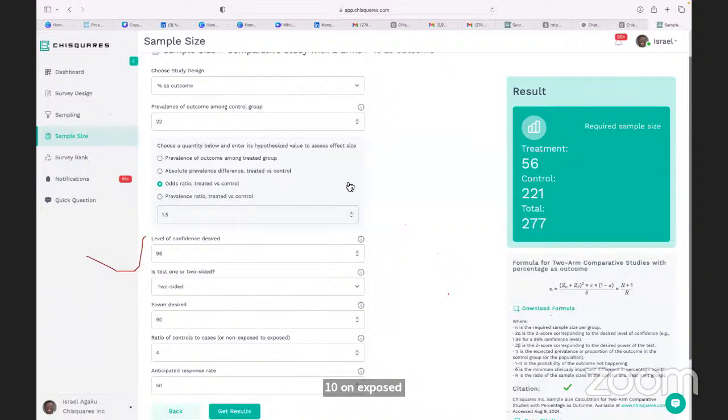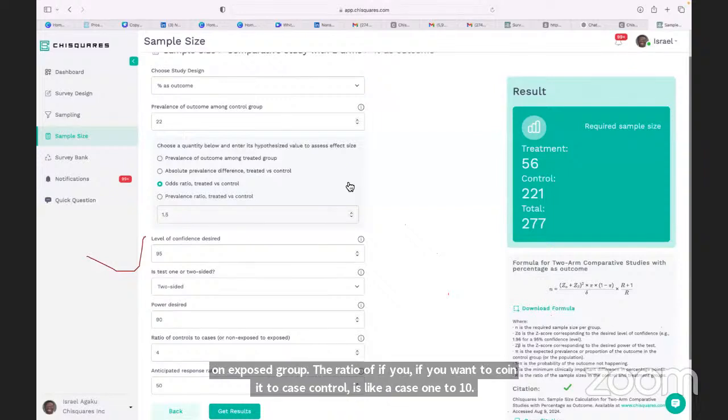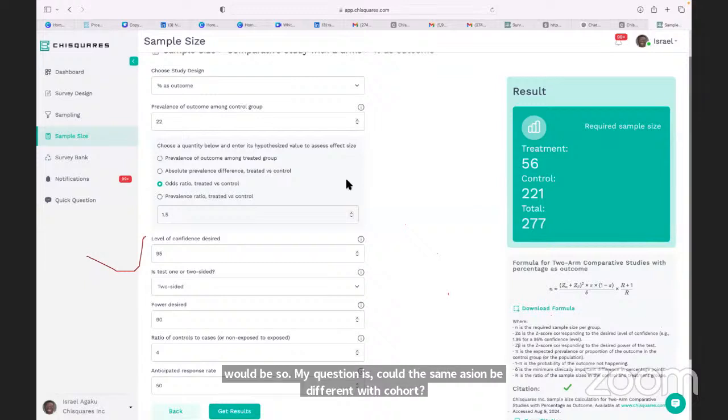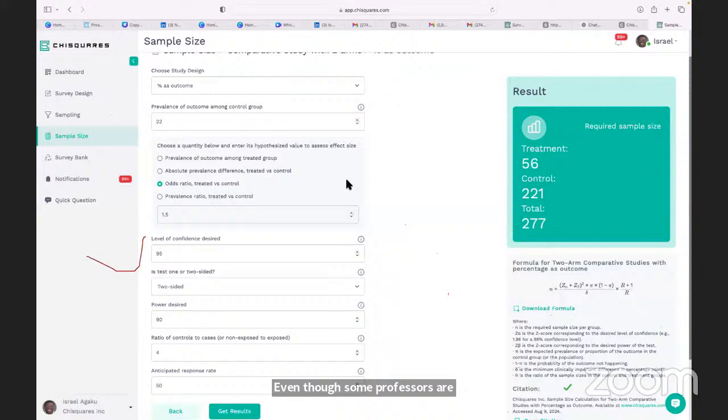And as part of the methodological discussion, we argued, in fact with my professor, that it is a very powerful study. The higher the ratio for a cohort study, the more powerful the analysis would be. So my question is, could the same assumption be different with cohort, even though some professors are arguing that the higher the ratio, the more powerful your sample would be? I just want to know your opinion on that.